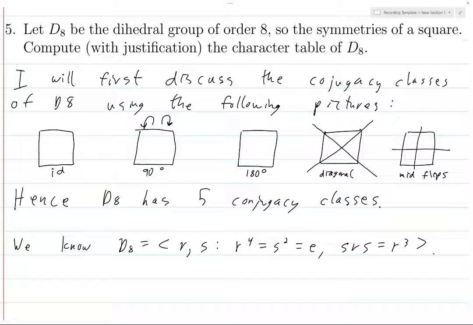So again, hopefully you don't have to just say, oh, these are the symmetries of the square, and so we have the identity, 90-degree things, 180-degree things, diagonal flips, and, I should call this more like, vertex flips and midpoint flips, because then it corresponds with the actual picture.